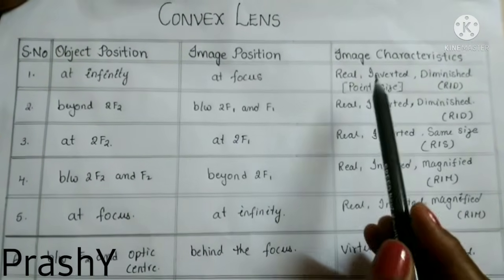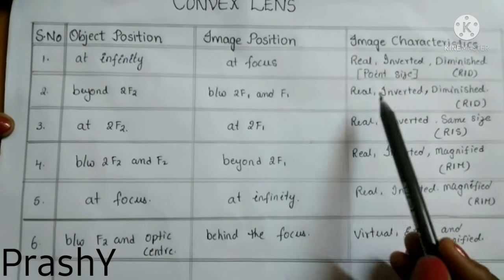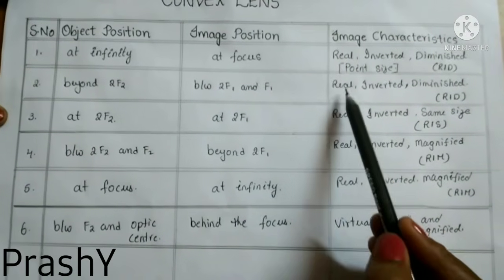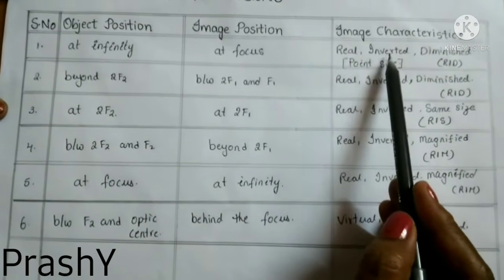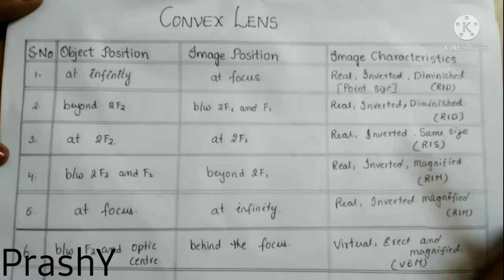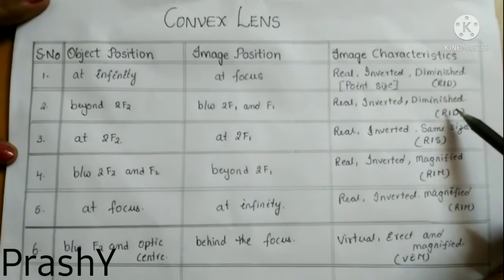And when coming to the image characteristics, here we have observed that in all the 5 cases, first 5 cases, we are getting real images. And we know that all real images are inverted. So real inverted images are formed. And so for the first 2 cases, we are getting diminished image.